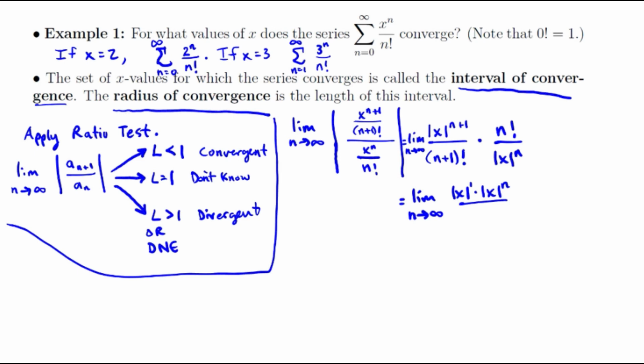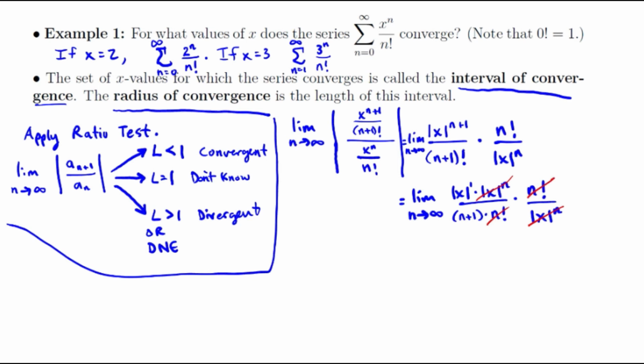And then remember with factorials, we learned that n plus 1 factorial could be written as n plus 1 times n factorial. But of course now we have all sorts of nice cancellation that's possible. So let's cancel what we can. I can cancel out that, and I can cancel out those.